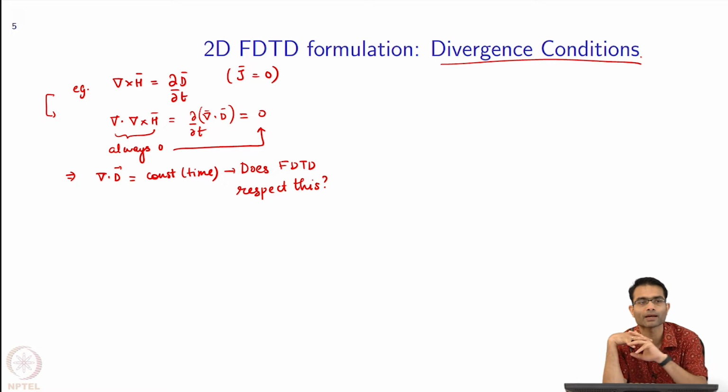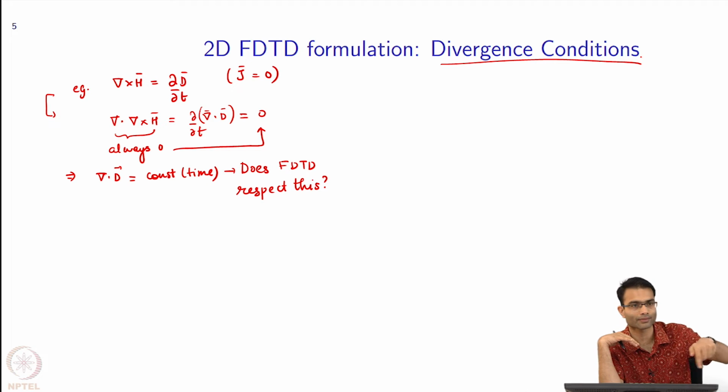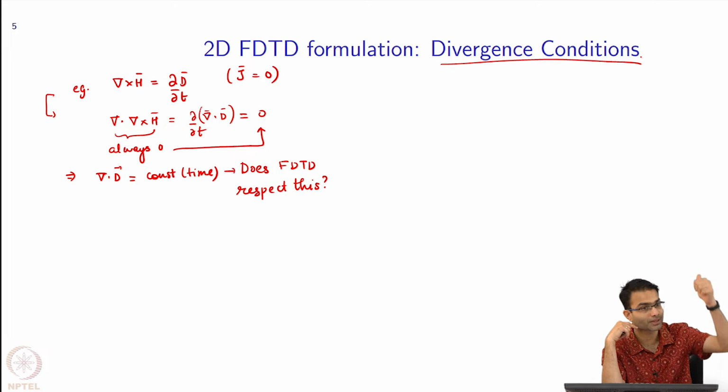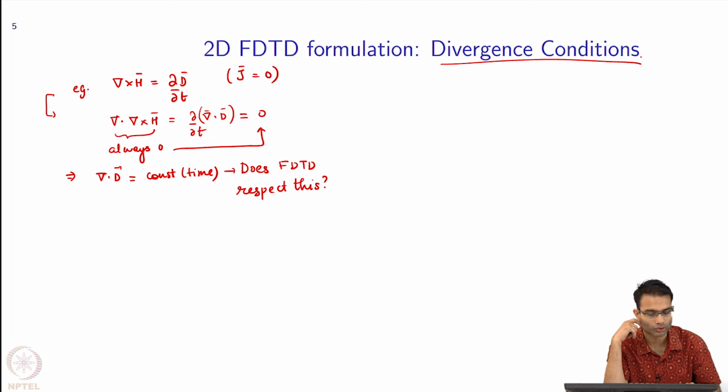TE, because I will have access to Ex and Ey and I can evaluate this divergence in a way that is easy to interpret. Otherwise, in the case of TM polarization, I will have to be looking at the Z axis, right.